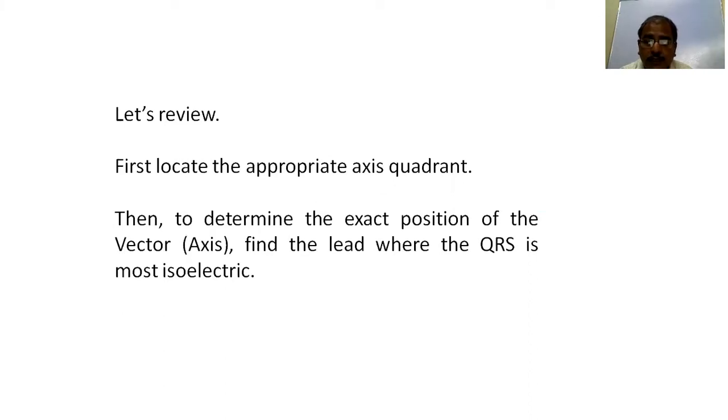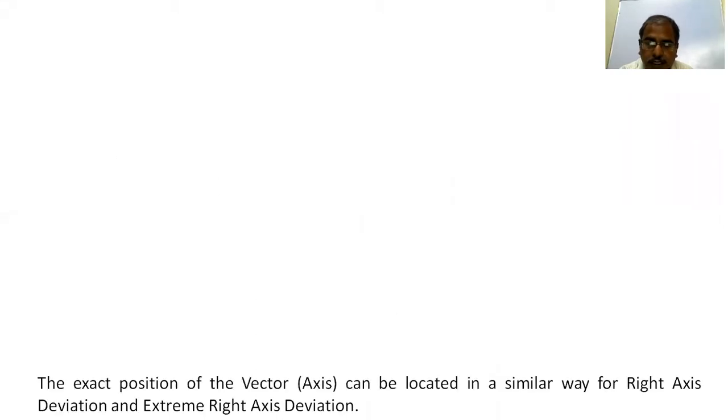If you do not know the hexaxial reference system, then you will not be able to understand this isoelectric concept. Usually, lead 1 is perpendicular to your lead aVF and lead 2 to your aVL, so you have to remember that.